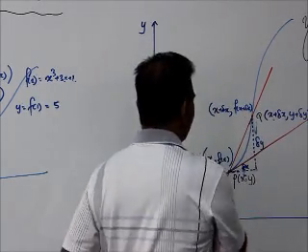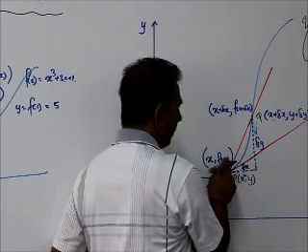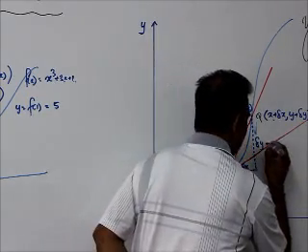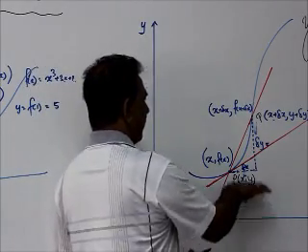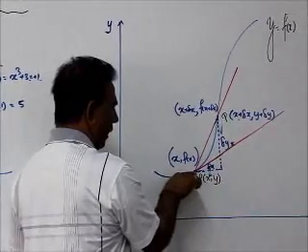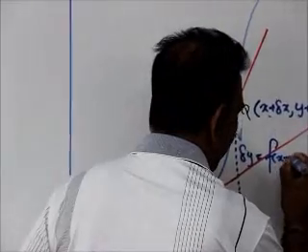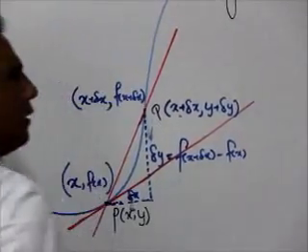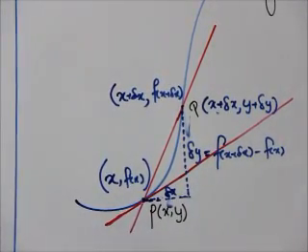So in place of x, here x plus delta x. So we can call this delta y. The y coordinate of Q is f of x plus delta x, and this y coordinate is f of x. So in other way, delta y is f of x plus delta x minus f of x.